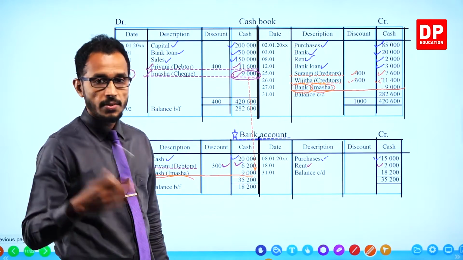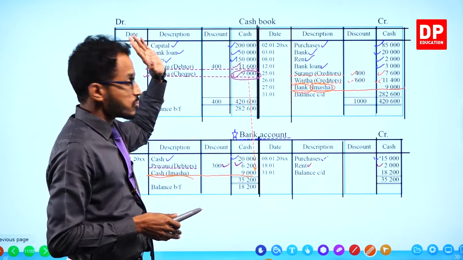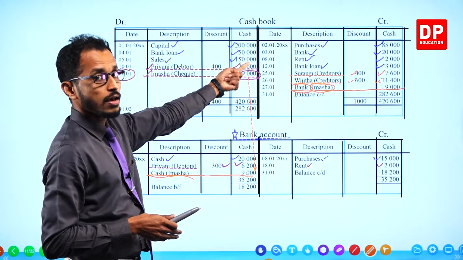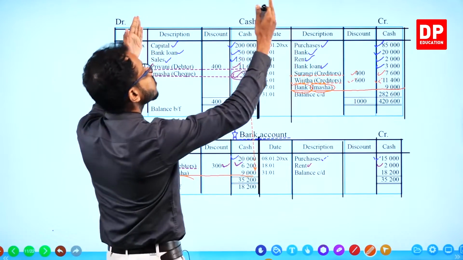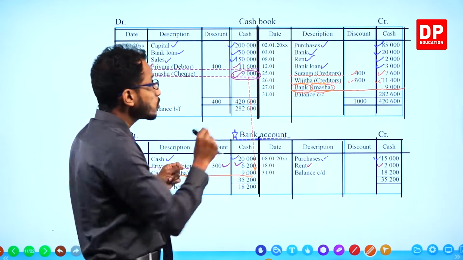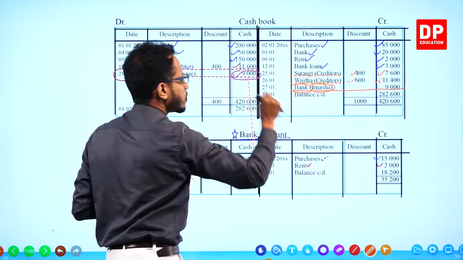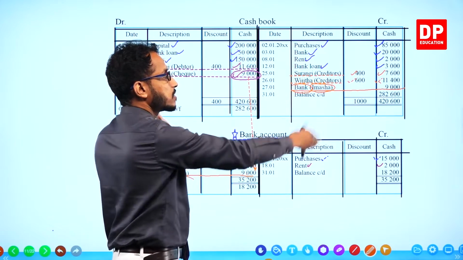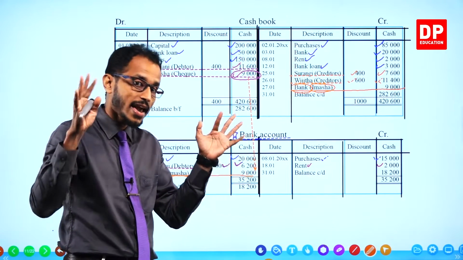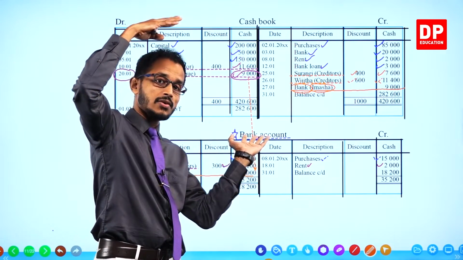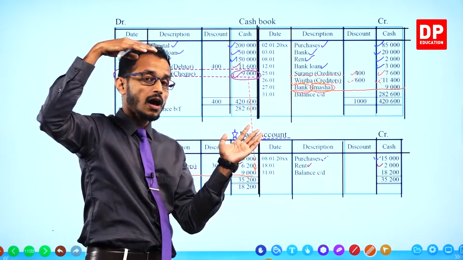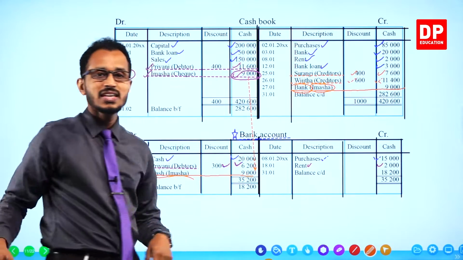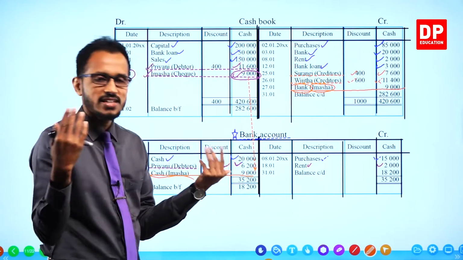If you wait until the cash book is finished, and only then take each entry to the relevant ledgers, that's going to take so much time and it's going to be confusing.